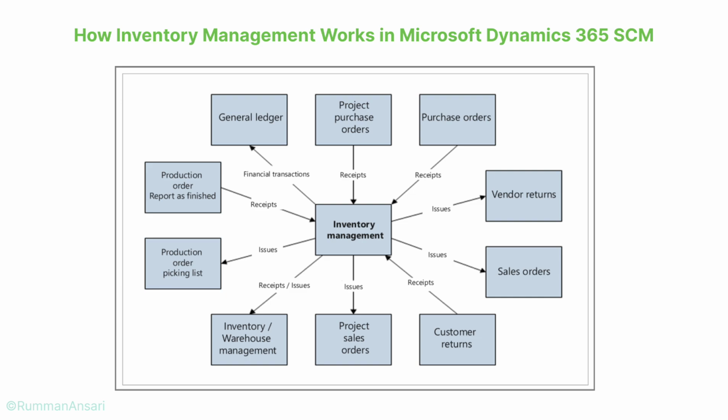It means when a production order is completed, the finished goods are received into the inventory. These products are now available for sale or project use. So financially, work in progress is converted into the finished goods value.